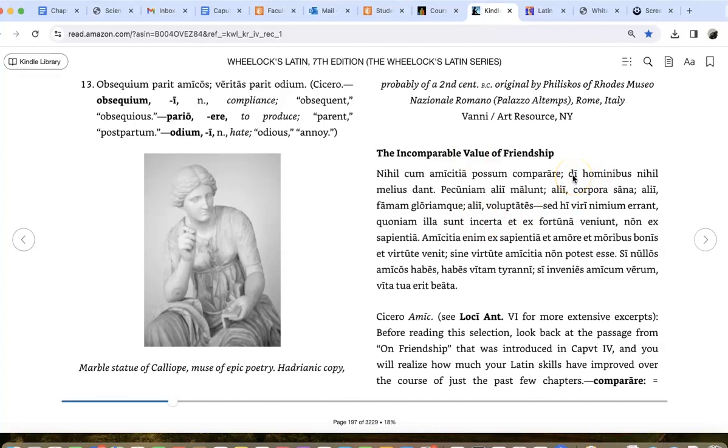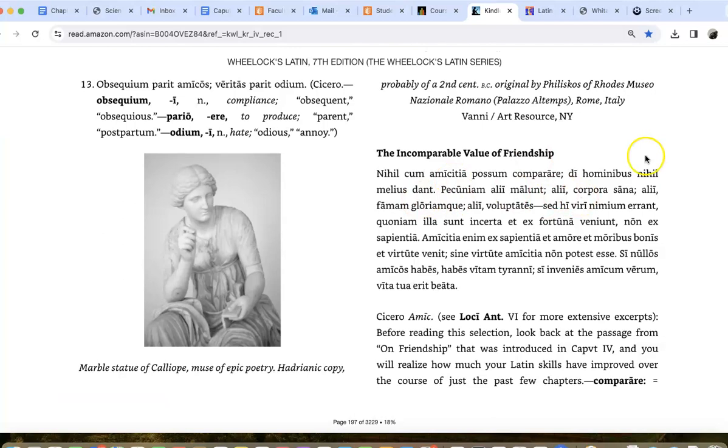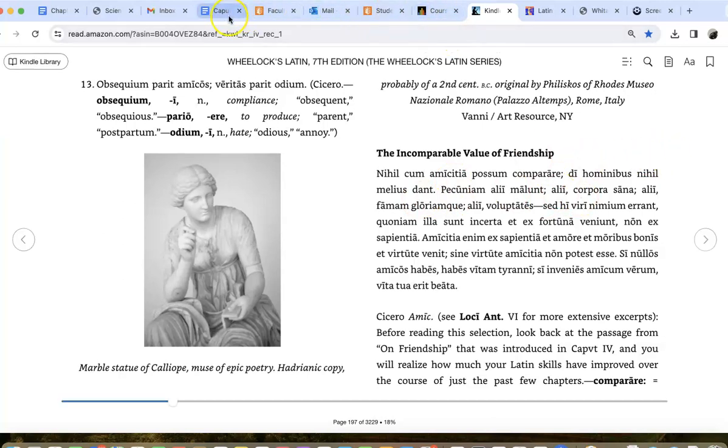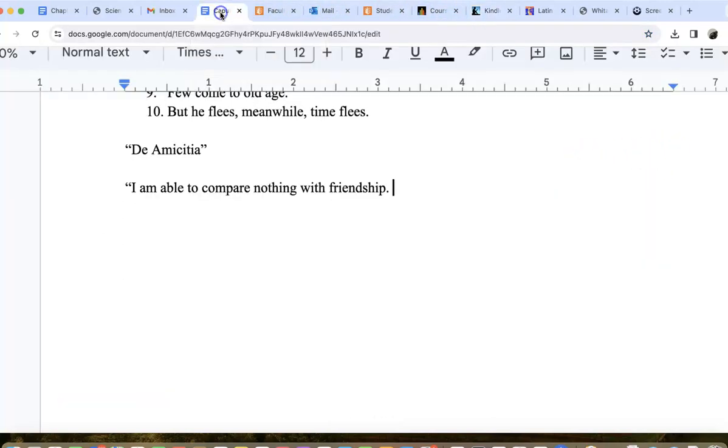The gods give nothing better to human beings. So let me write that out here. The gods give nothing better to human beings.